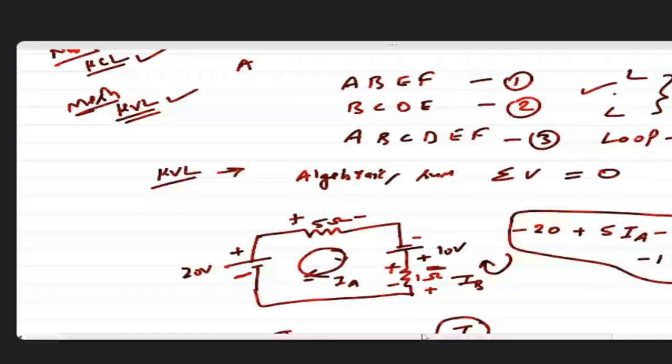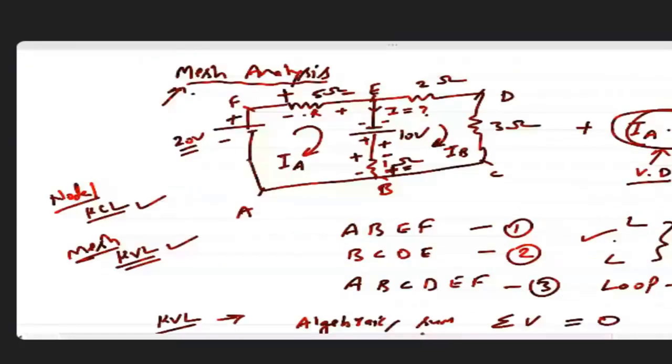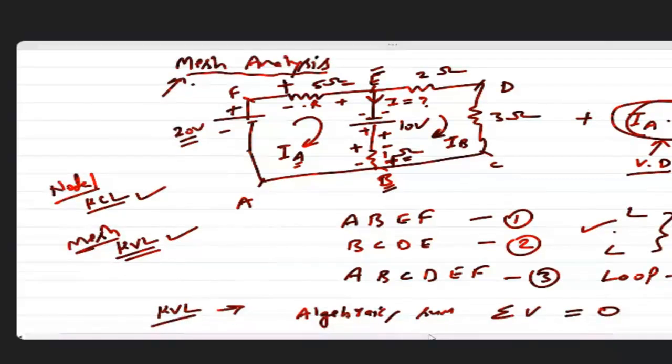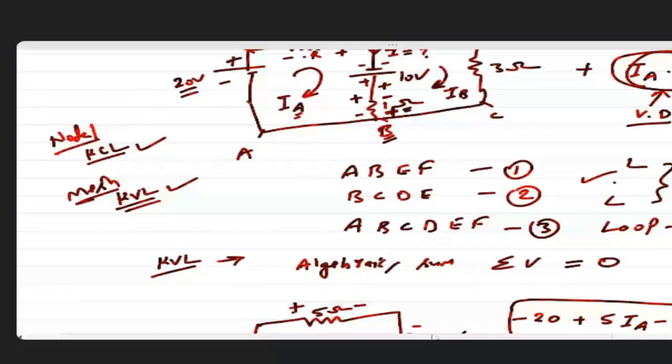You can see this is I, and this is IA clockwise, and this is IB also clockwise. But as far as this direction is concerned, is IA supporting this direction or opposing it? I think IA and this I are in the same direction, but IB is opposing. IB is flowing in this branch from B to E, and IA is flowing in this branch from E to B. These two currents are opposing each other, so the final current will be IA minus IB or IB minus IA.